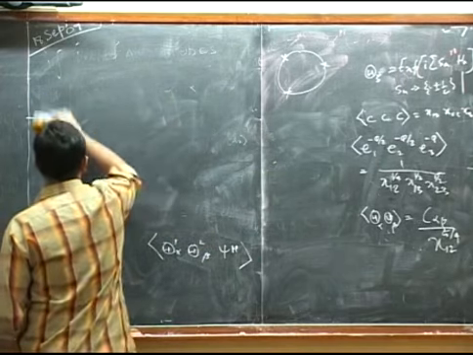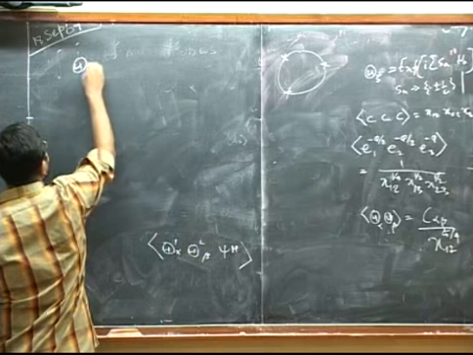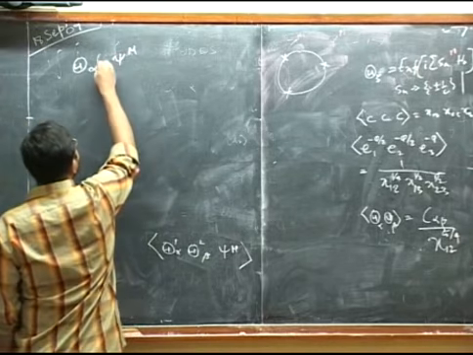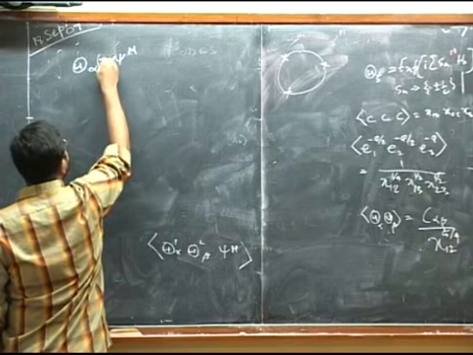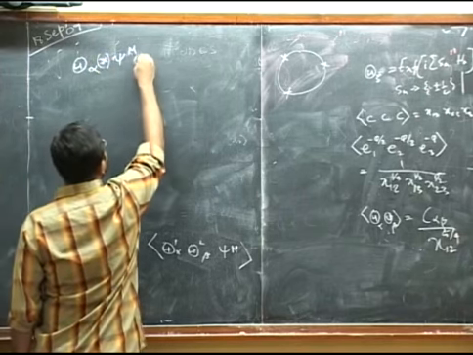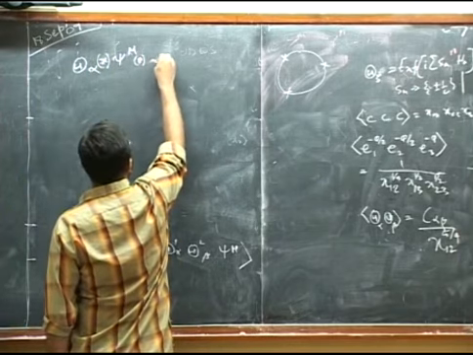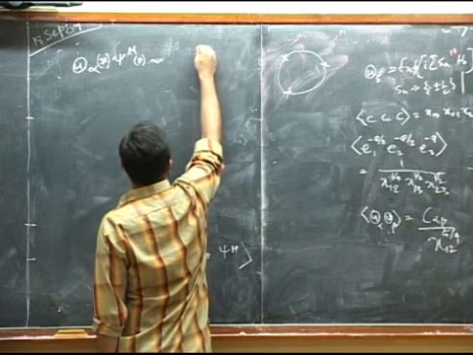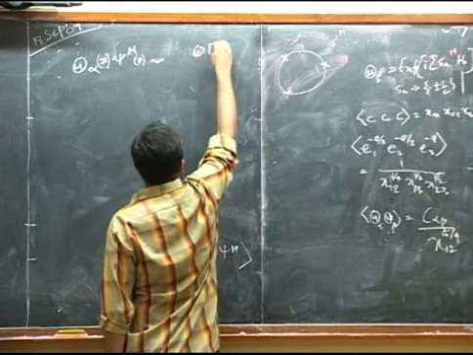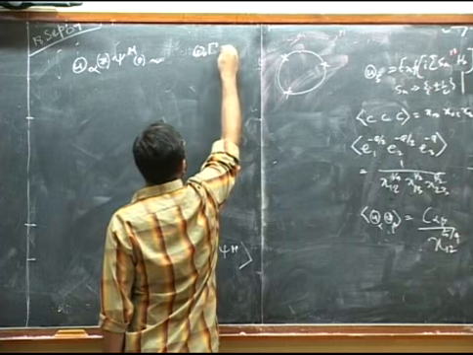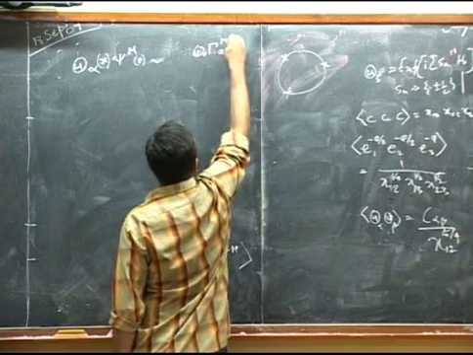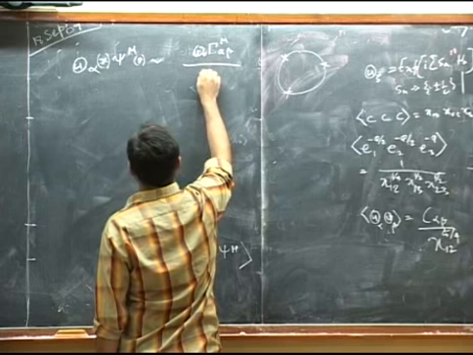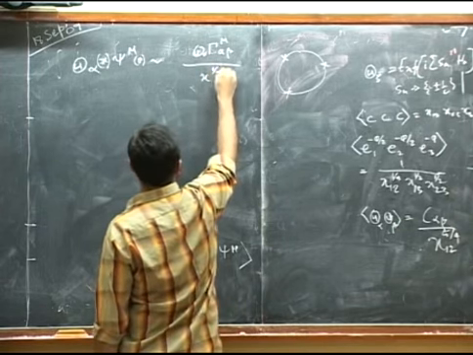Let's start with the top. Okay. So this OPE, we again argue through conformal invariance and the weights that this should be proportional to theta alpha beta mu, divided by x to the power half.